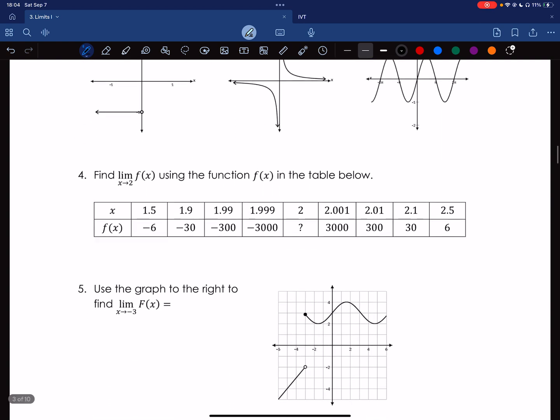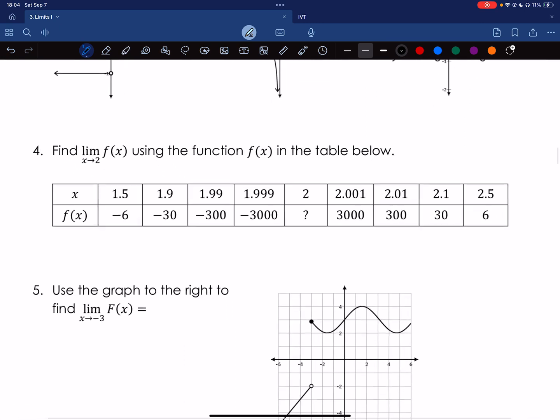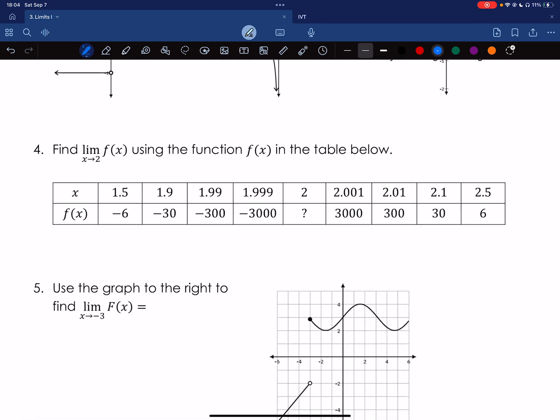Okay, from a table, same concept. As we look at this table, as we come from the left side, it looks like we're getting fairly small, going towards the negatives, potentially going towards negative infinity. As we approach from the right side, it looks like they're getting really big, so that could be going towards positive infinity.